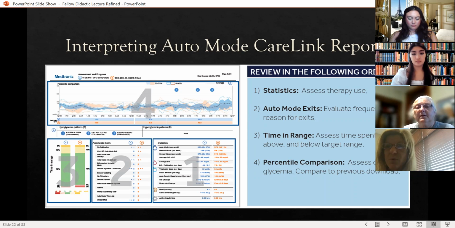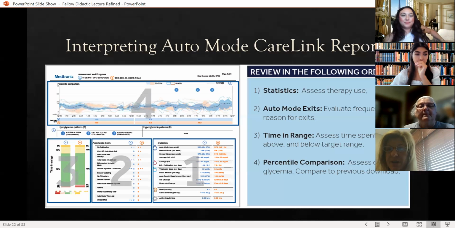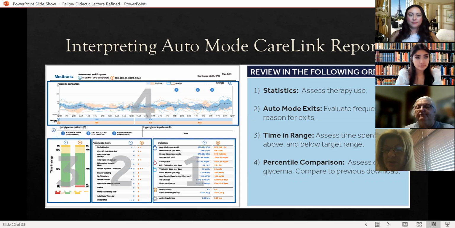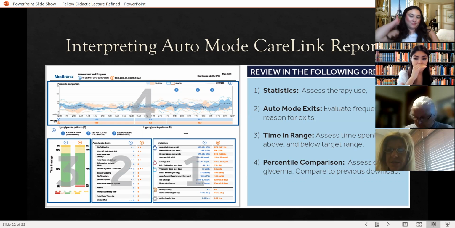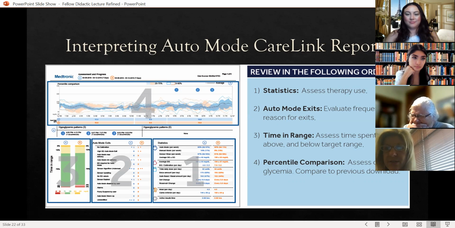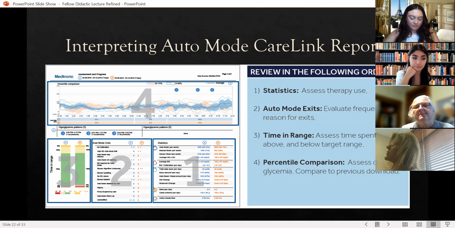Blue is always the more recent, but you can look in there and see what percent of time they're in auto mode. You can see their average total daily use of insulin. You can see how many times they actually eat. Is it 4 times? Is it 5 times a day? You get to see how often they make their set changes, and that should be every 2 to 3 days. It should not be 5 days, but we get that a lot too.